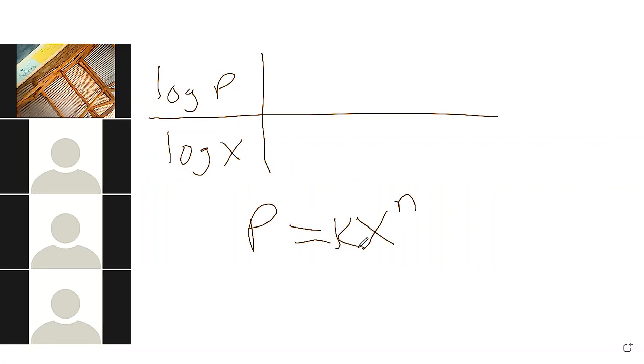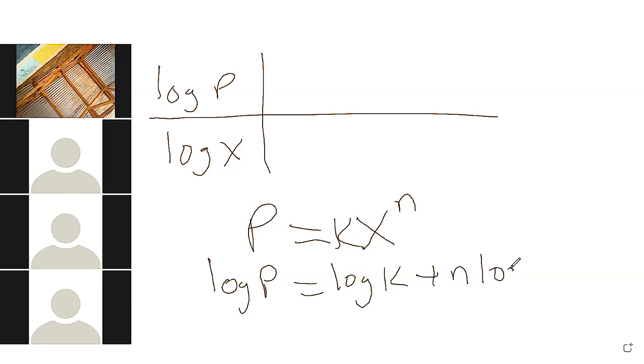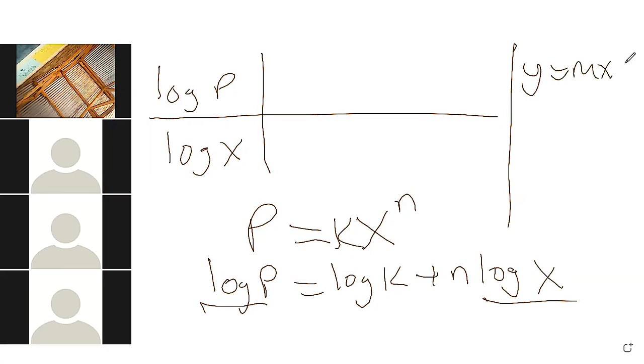For example, if you have been given P is equal to Kx to the power n, then you will work out here that log P is going to be the same as log K plus n log X. So if they have given you now log P and log X, then you just go to the linear equation, which is y = mx + c.